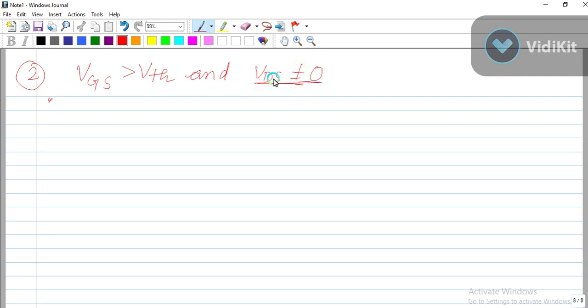What will be the channel charge density? Previously, when VDS was not there, it was W Cox times VGS minus VTH. Is it okay in this case also? Let's see. Let's make the MOSFET diagram again.